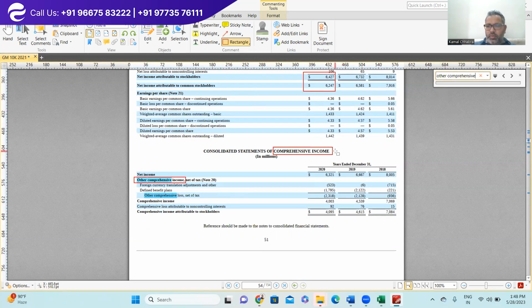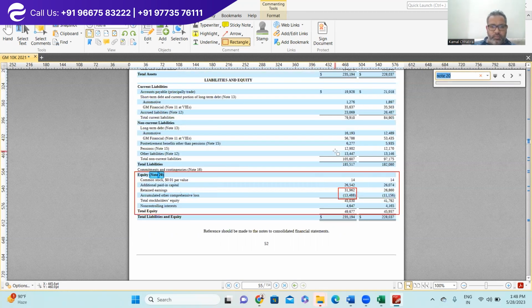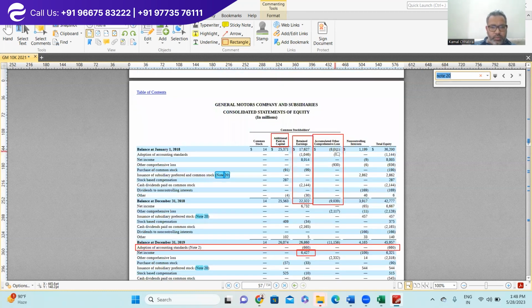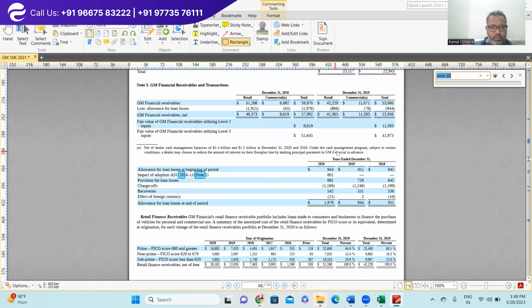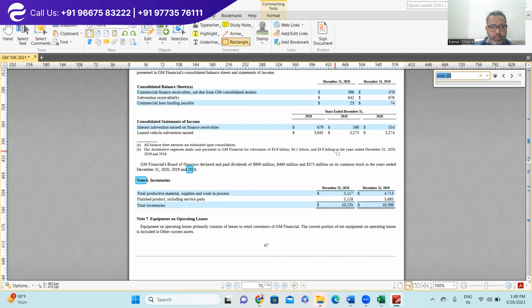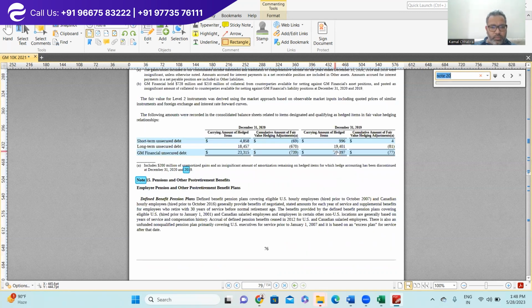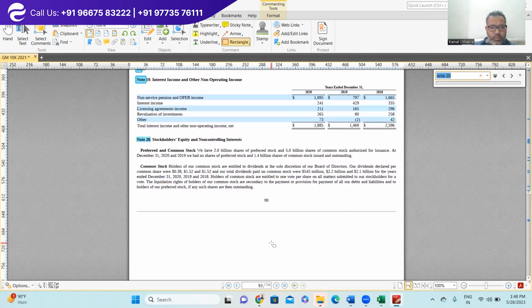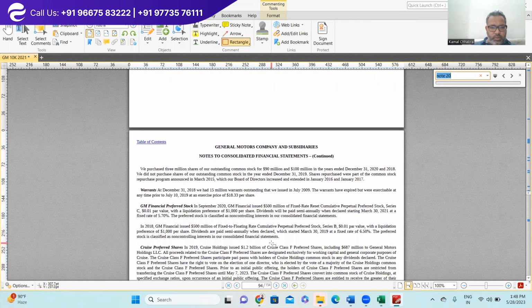So we need to go to Note 20. There you go, Note number 20, and this is for equity.